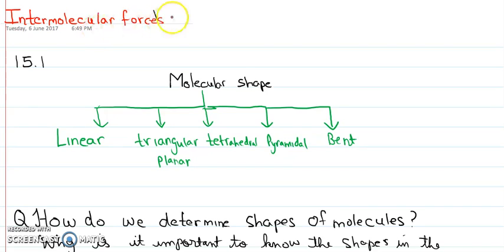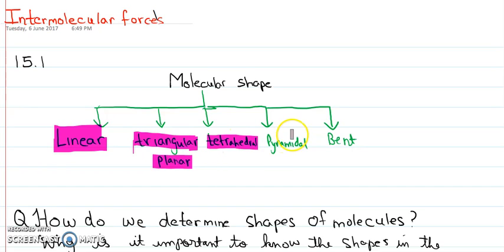What we started off today was we talked about molecules, and we talked about the fact that all molecules have a shape, and the broad shapes, or the five main shapes that we know about, are linear, trigonal planar (here it says triangular planar, and in Lucarelli it says triangular planar as well, but it is also known by the name trigonal planar), pyramidal, and bent.